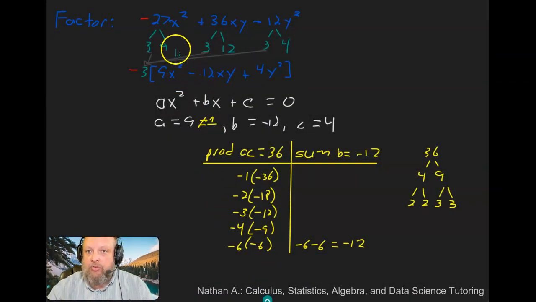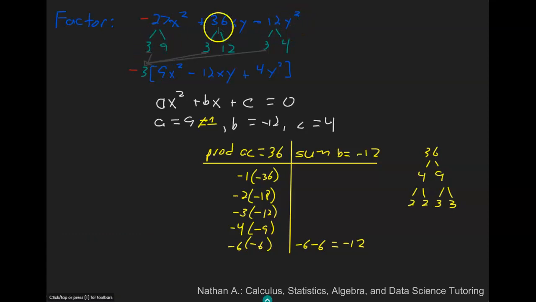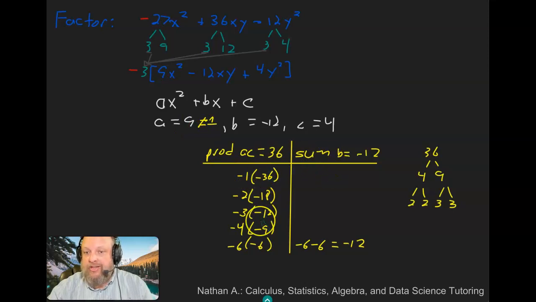Okay, so what we'd like to do is factor negative 27x squared plus 36xy minus 12y squared. So I'm going to do a factorization table.